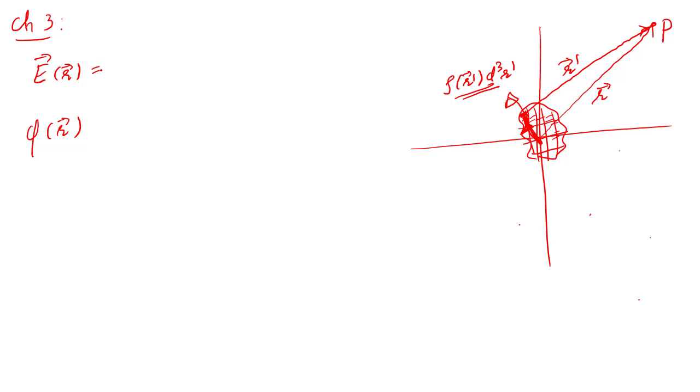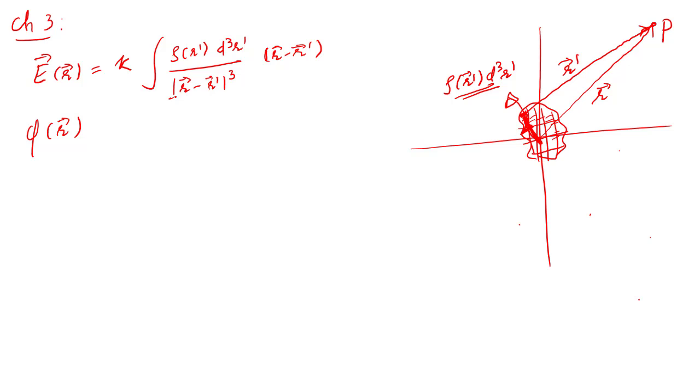So we would have E of R to be something like K rho at R prime d cube R prime by R minus R prime cube times R minus R prime, right?